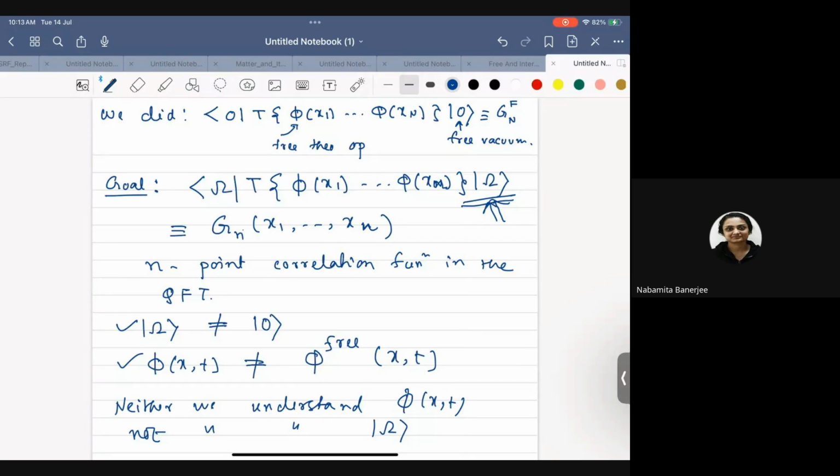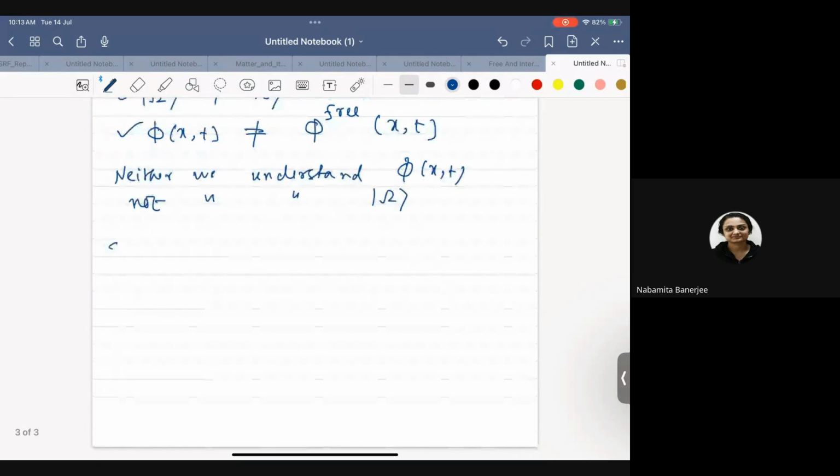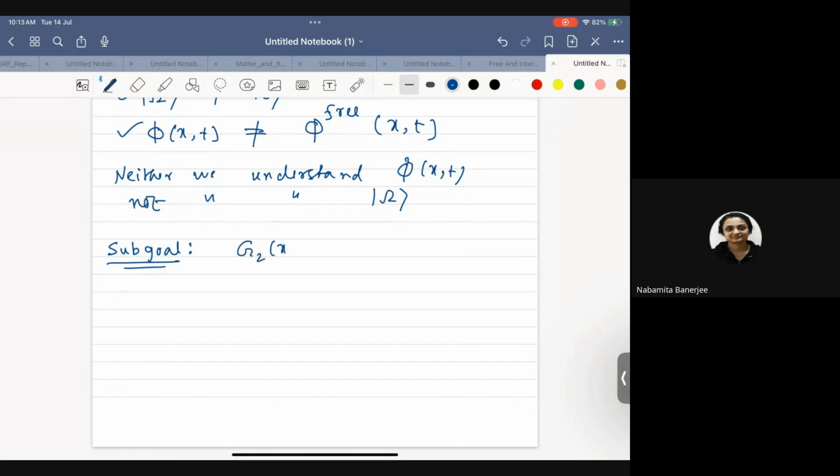And what machinery have we built? Let me first make a sub-goal. The sub-goal is, let's first just try to compute a 2-point function. The 2-point function by definition would be the time ordered phi x, phi y, in the state omega. In my theory, let us first compute the 2-point function. We know that in the free theory, this 2-point function is nothing but our Feynman propagator.